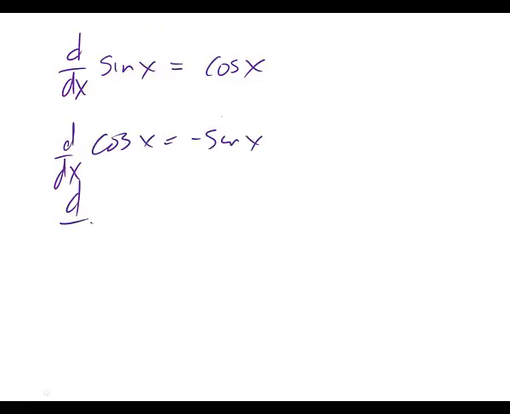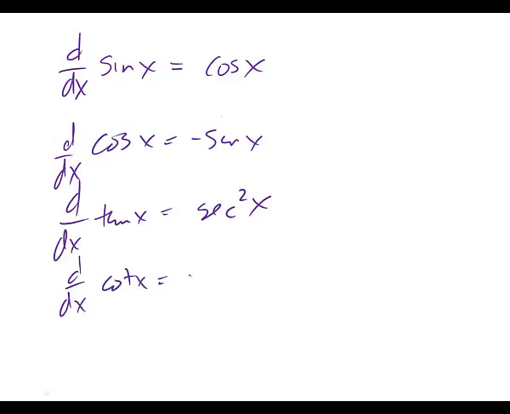All right, derivative of tangent. Secant squared. Good. Derivative of cotangent. Negative cosecant squared. Derivative of cosecant. Negative cosecant cotangent.